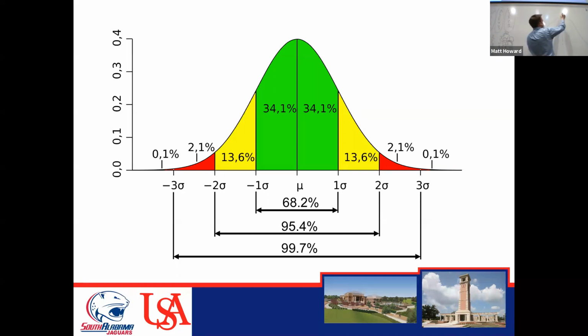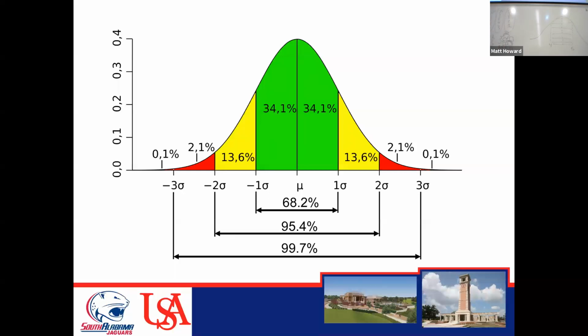If we know the mean is something like a 5, and we have a standard deviation of 1, and we go one standard deviation below the mean, which would be 4, and one standard deviation above the mean, which would be 6, and we're interested in all the observations that fall right here, that's going to be 68.2% of our data if we're assuming a normal distribution.